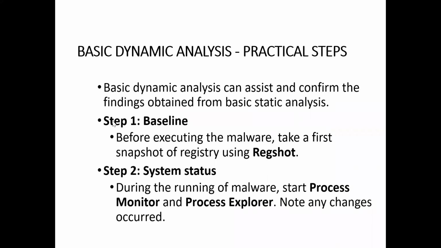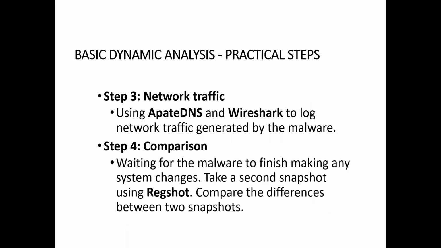Next is the practical step. Once you have done your baseline, before executing the malware, we take the first snapshot. You remember the registry using Regshot? Then you're able to track and see if there were any processes, any changes that were made. Make a second Regshot and then do the analysis.